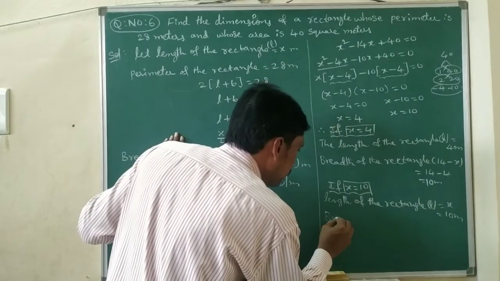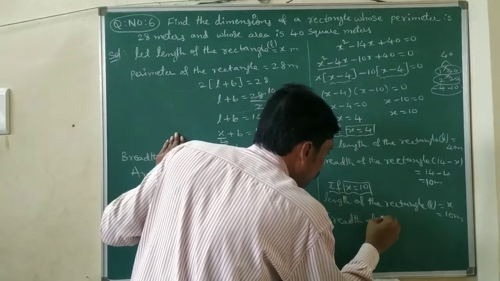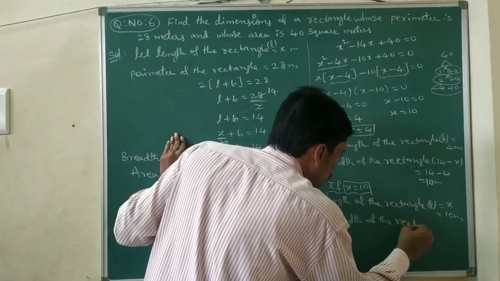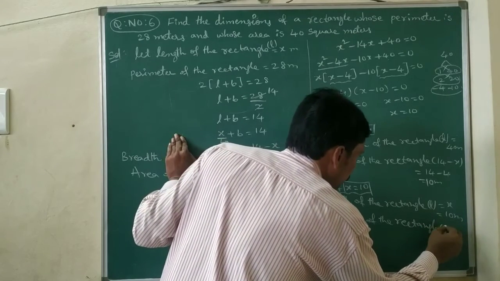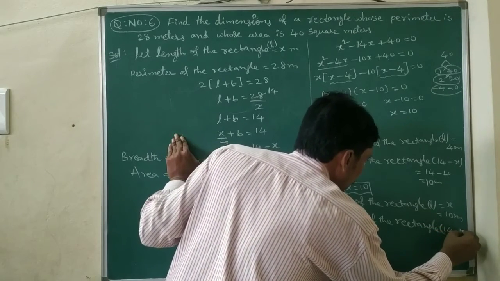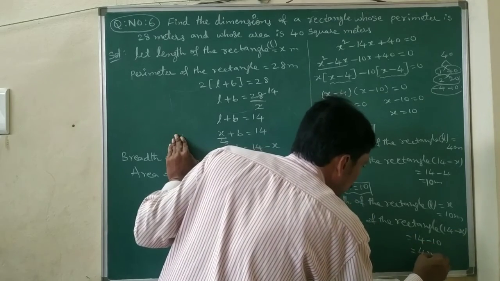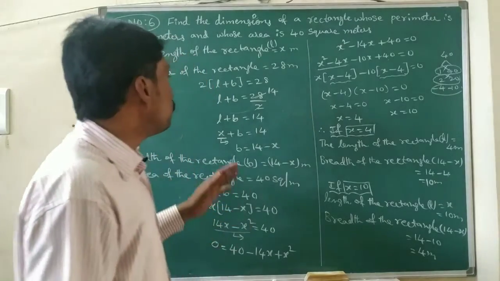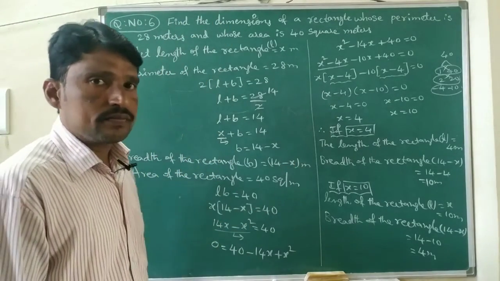Breadth of the rectangle is 14 minus x, that equals 14 minus 10, that equals 4 meters. This is about the dimensions of a rectangle.